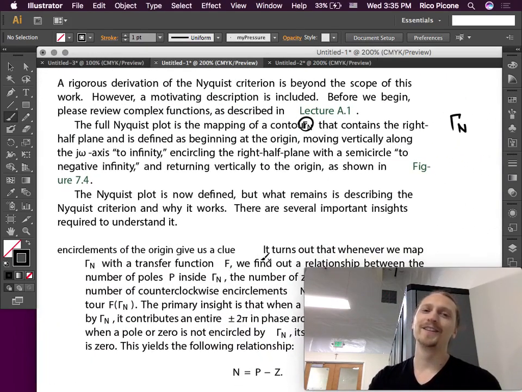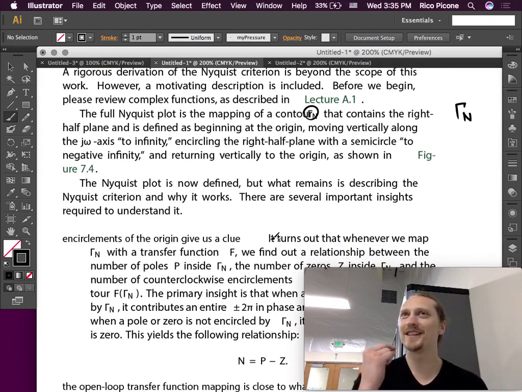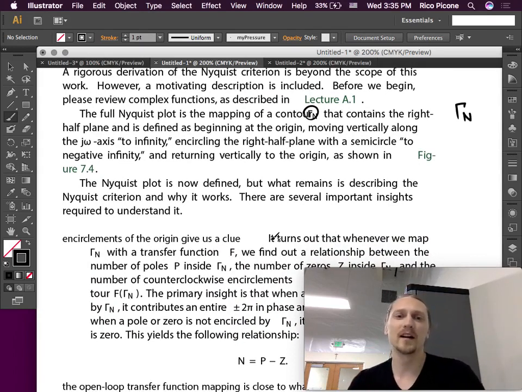It's a lot of building up just to get to this step, but the Nyquist plot is now defined. What remains is describing the Nyquist criterion and why it works. There are several important insights required to understand it, and we're going to go through these insights one by one.